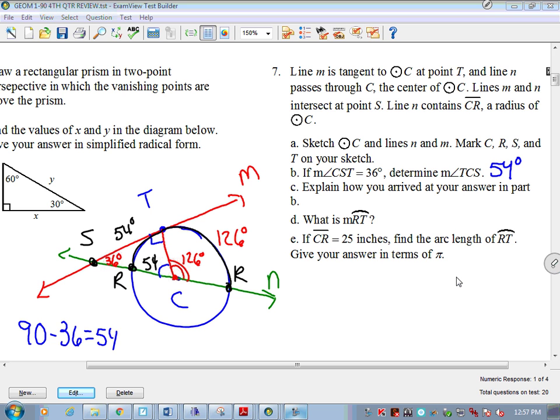So on the test, should it be either or? I would probably take a really close look at that and do it either or. It should be. You couldn't get anything else besides 54 or 126. What I would say is if by chance this came up on a test, which it probably won't because it's not really a multiple choice question, then what you would need is a picture.